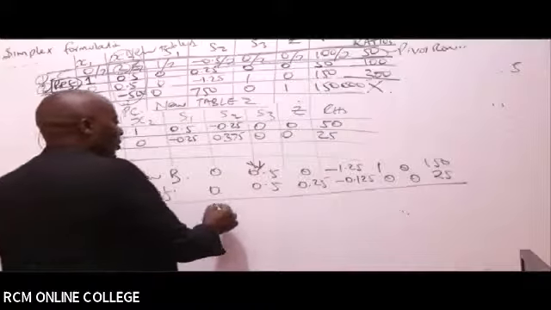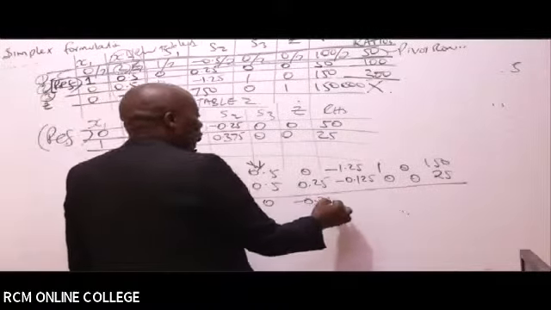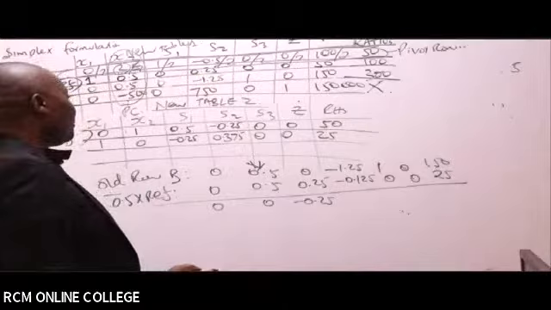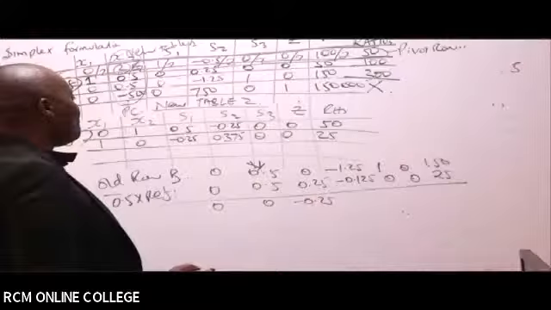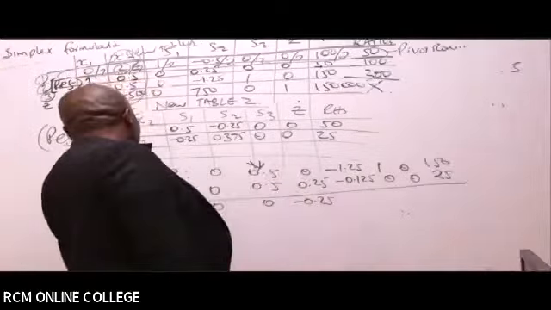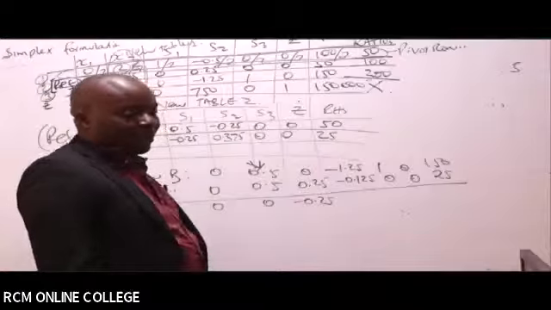So this will be 0, 0, minus 0.25. So minus 1.25 minus that number gives me what figure?